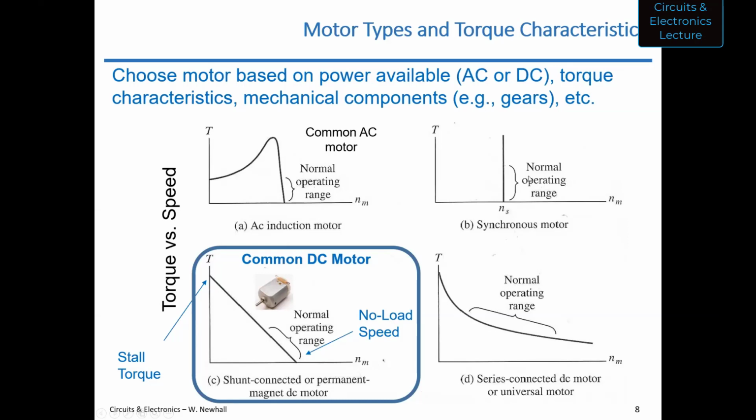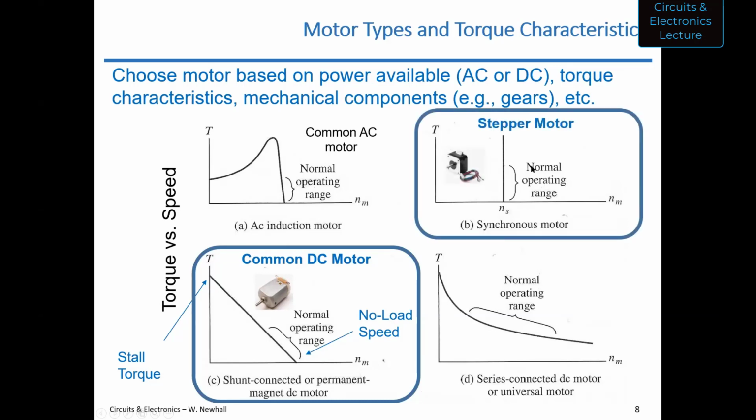Another kind of motor we're going to talk about is the stepper motor. It is a synchronous motor. A synchronous motor's torque versus RPM characteristic looks like this. It's just a straight line. So within the normal operating range of this motor, it maintains a constant speed. In fact, you're going to see that you can use a microcontroller or other digital circuit to precisely control the speed and position of a stepper motor.